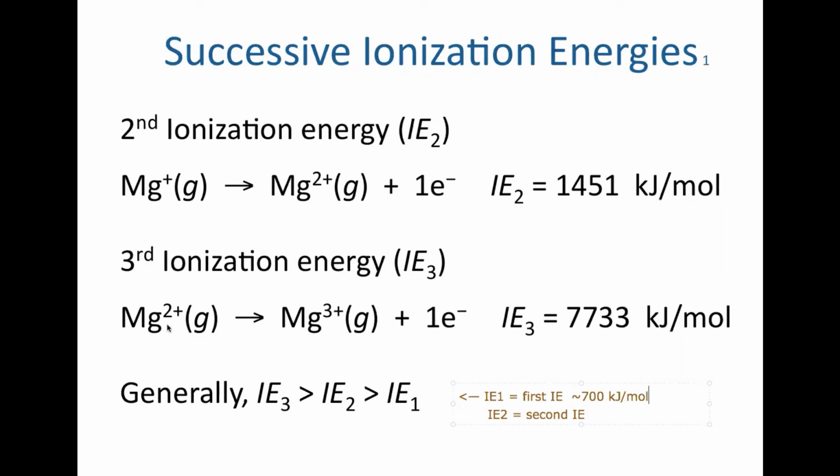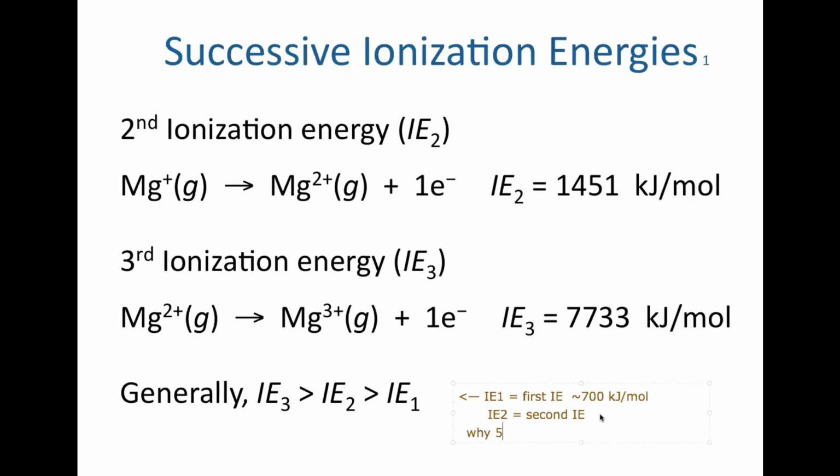So now I have magnesium 2+, and I'm going to remove a third electron and go to magnesium 3+. Now, does magnesium 3+ exist in nature? What's the normal ion of magnesium? Mg2+. So look, there's a huge energy jump. It's 7,733 kilojoules. So if we're going from 1,400 to 7,700, that's a five-fold jump.